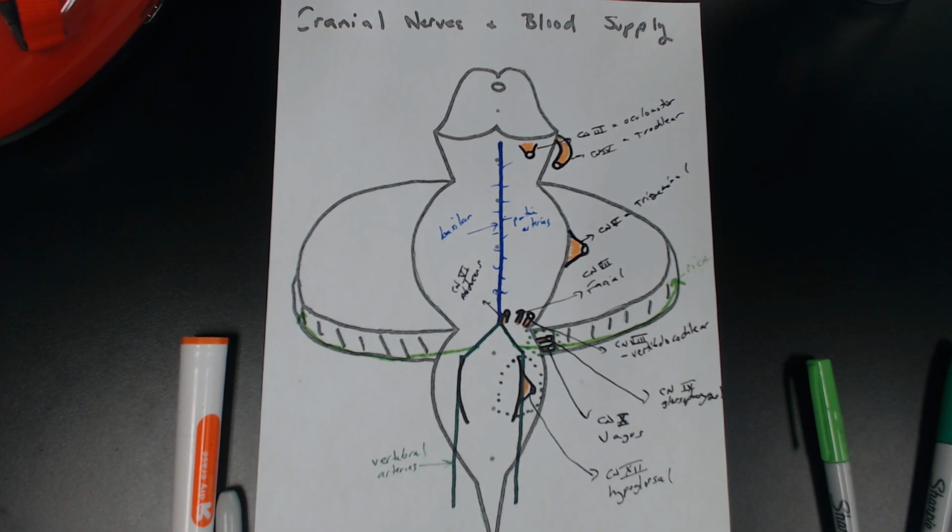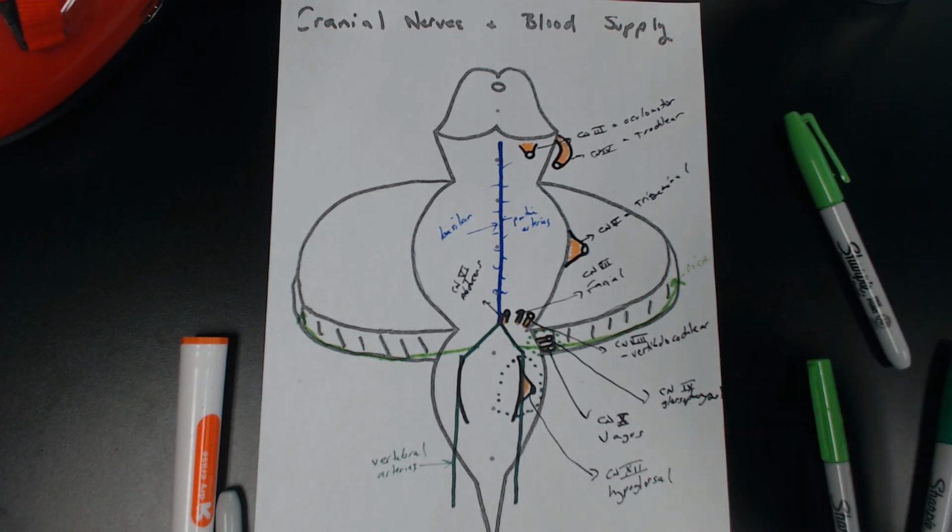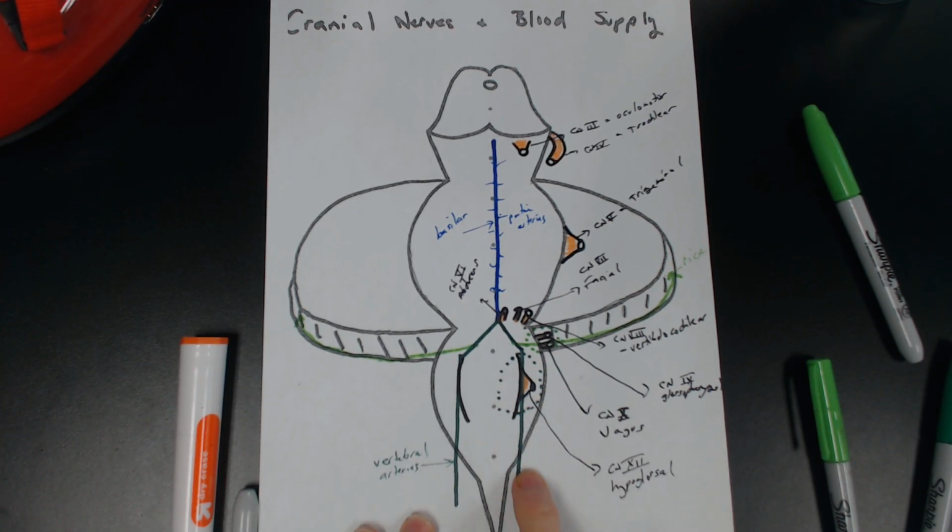Okay, so swallowing difficulties, maybe a hoarse voice. Okay, so we have vertebral arteries, medial medulla, PICA, lateral medulla.